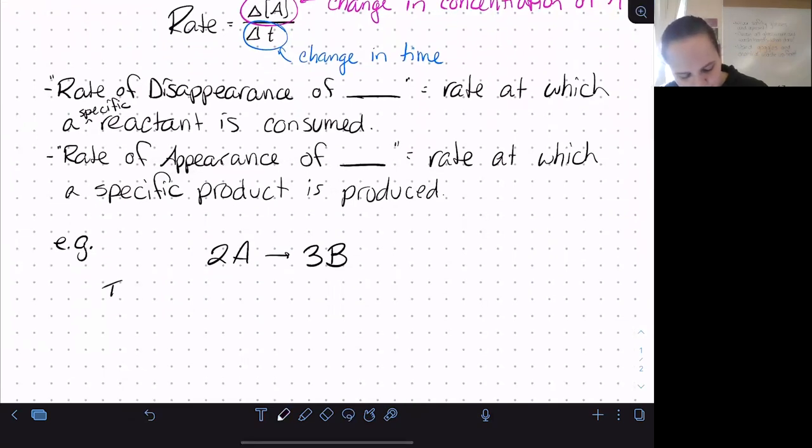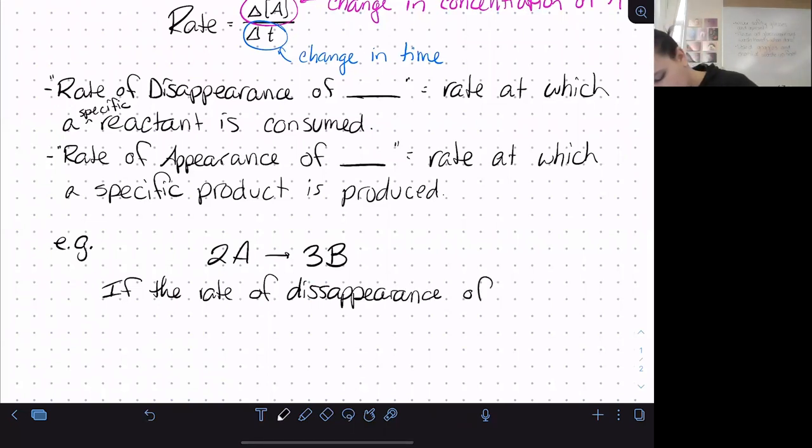So let's say the rate of disappearance of A is 0.24 molar per second.